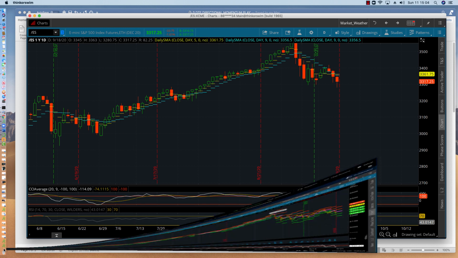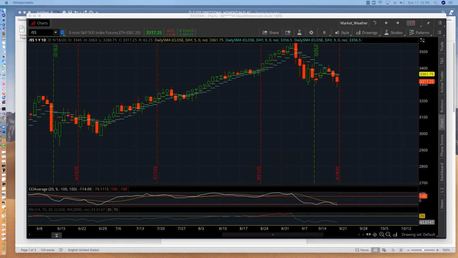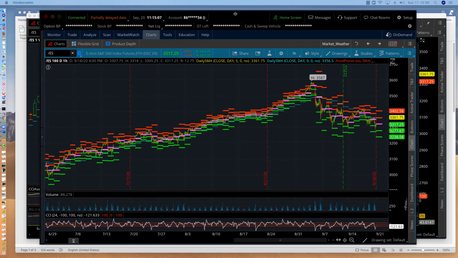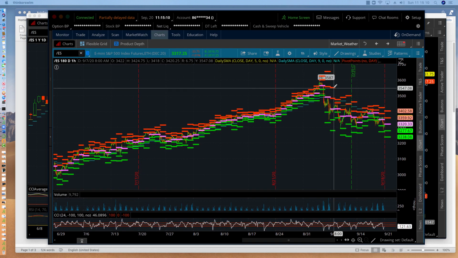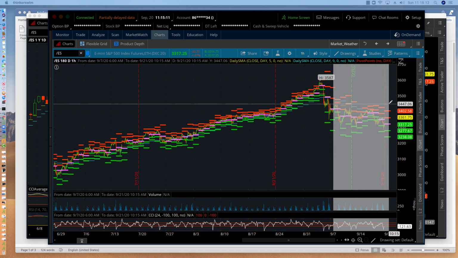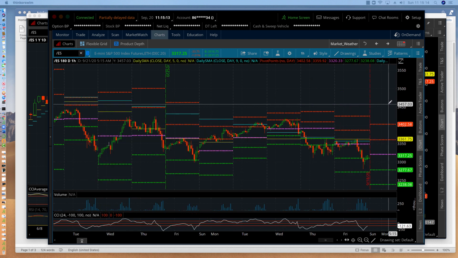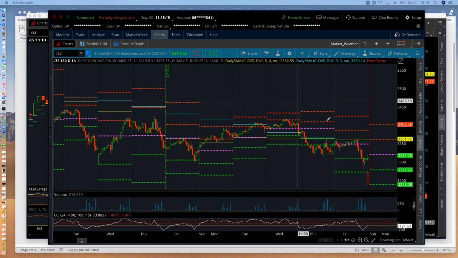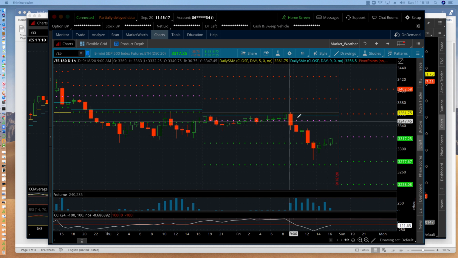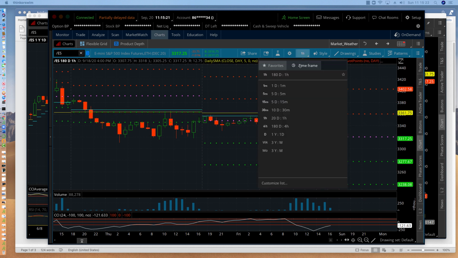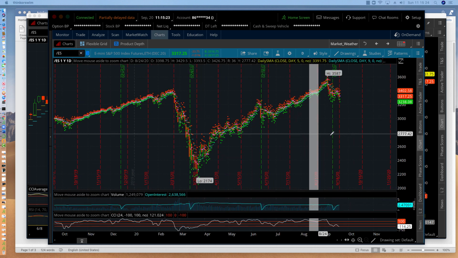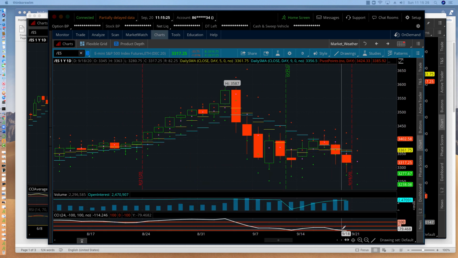Let's say you're going to put this strategy on. Looking at going into Monday, this is what our chart looks like. On our daily, the CCI is -14.